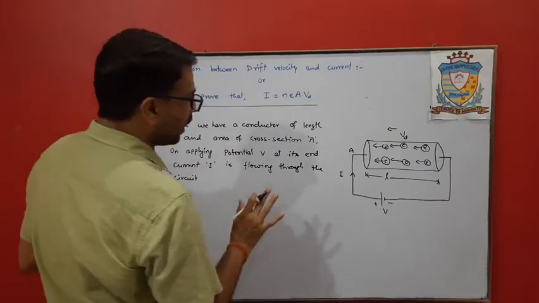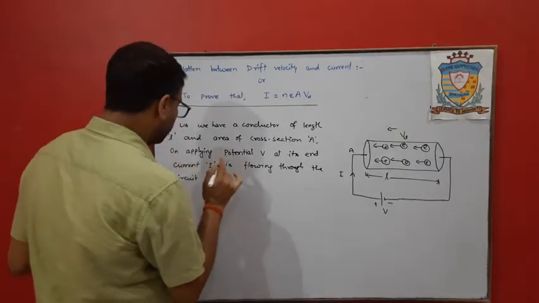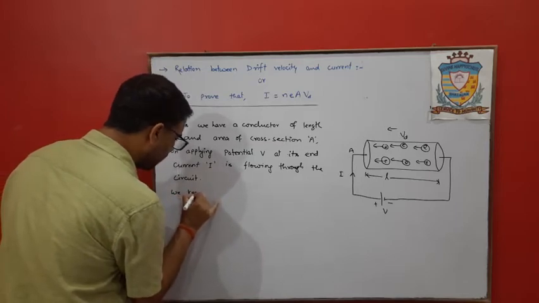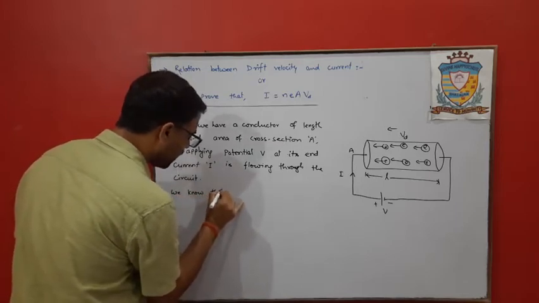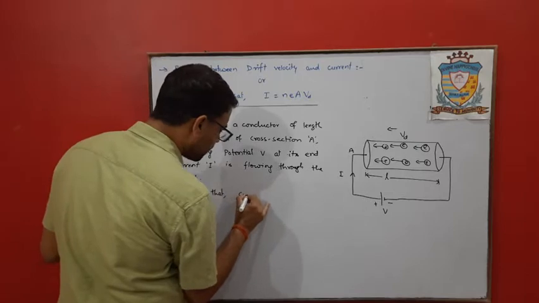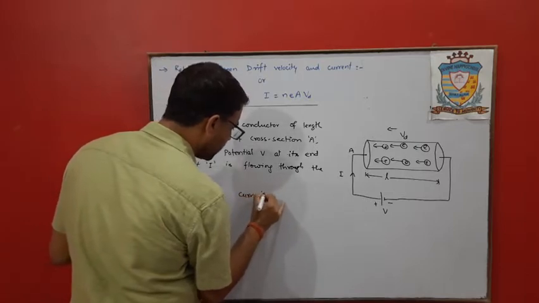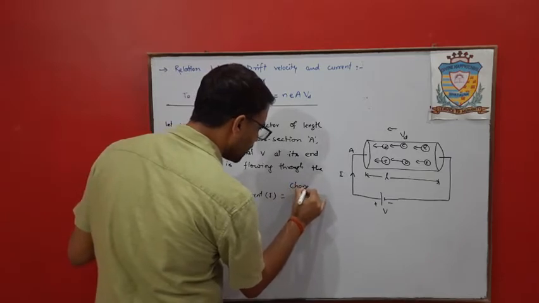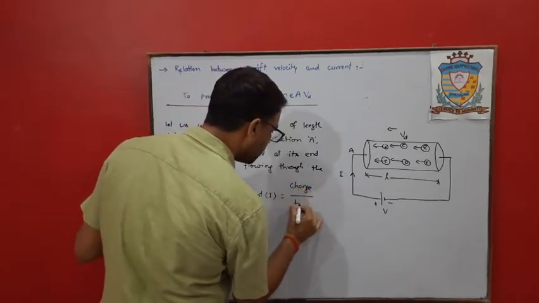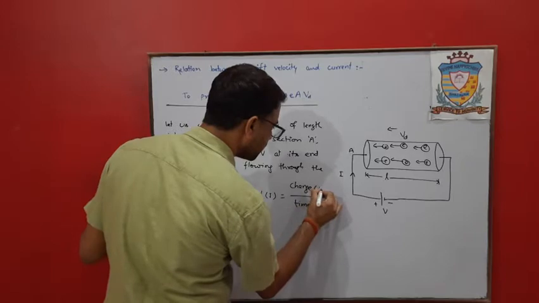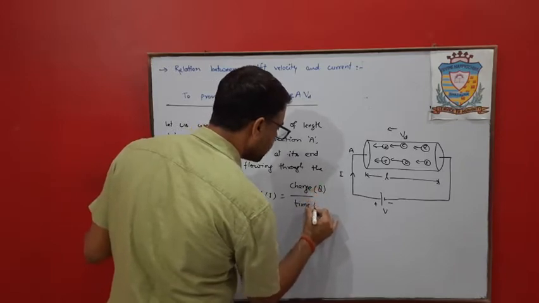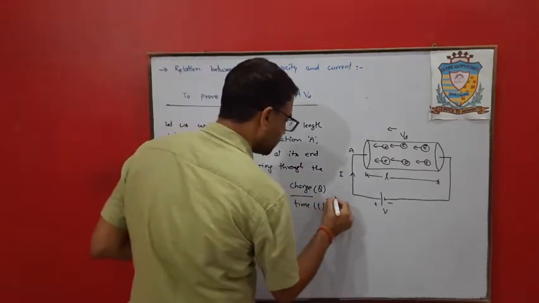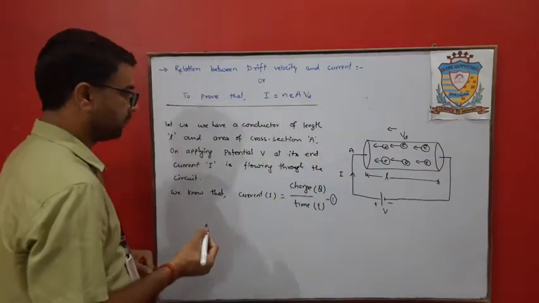Clear? Now we know that current is equal to charge upon time, Q divided by t. This is our equation number 1.